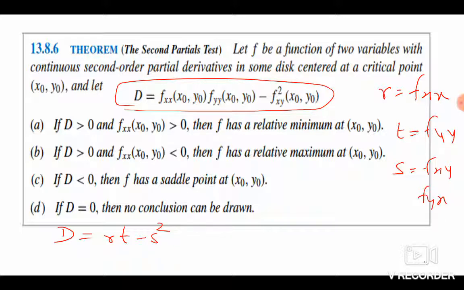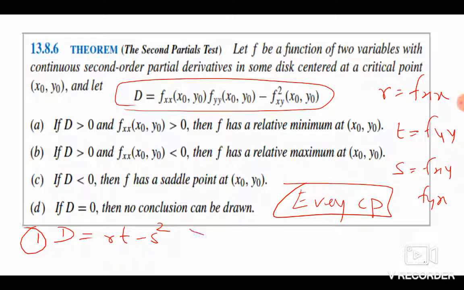For every critical point, we have to check this condition first. If the discriminant is positive, then there is either a relative maximum or a relative minimum.